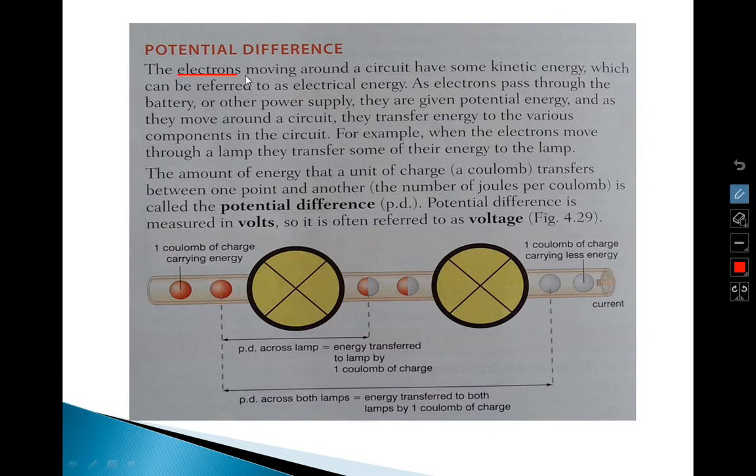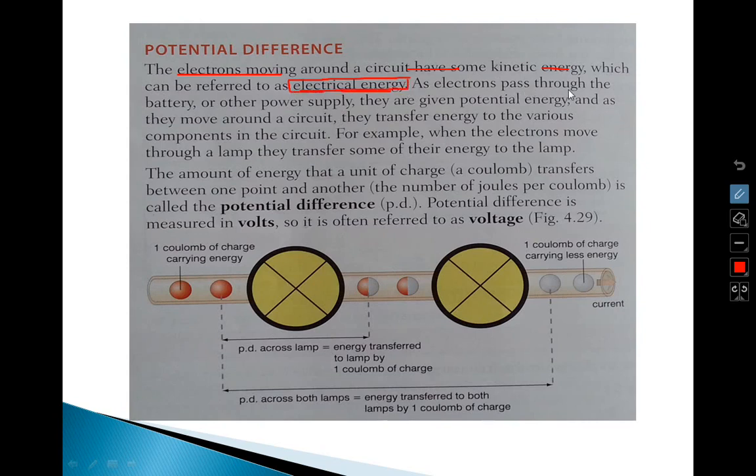So the electrons moving in the circuit have some energy, which can be referred to as electrical energy.